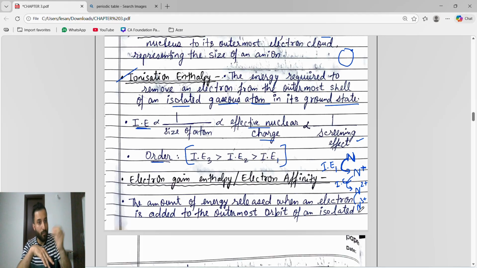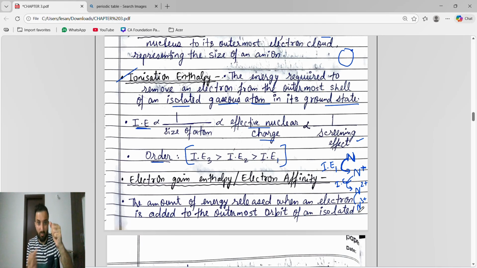But as you keep on removing electrons, the size is reducing, so the outermost electron comes closer to the nucleus. Then the force of attraction from the nucleus to the outermost electron increases.